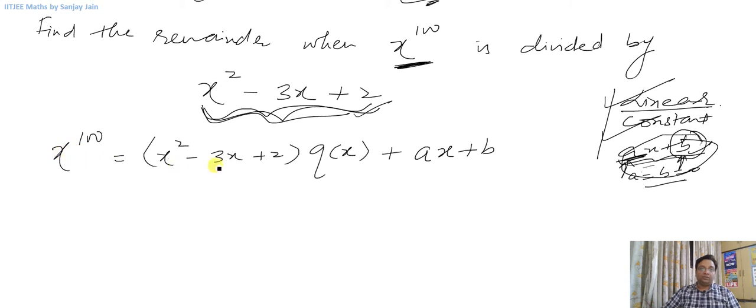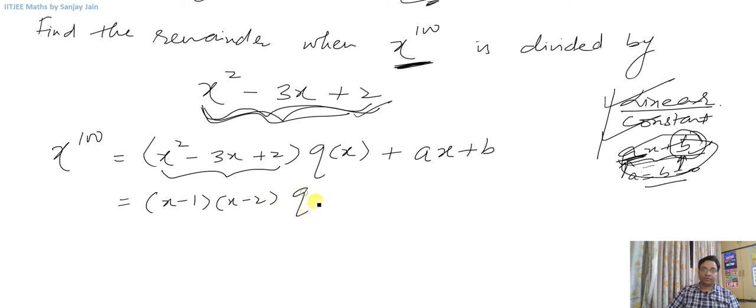Now, to solve these kinds of questions, the first thing that you need to do is, if you can factorize this term, you factorize it. This is simple factorization. You can do it like this: x minus 1, x minus 2, q of x plus ax plus b, and this is x raised to power 100.